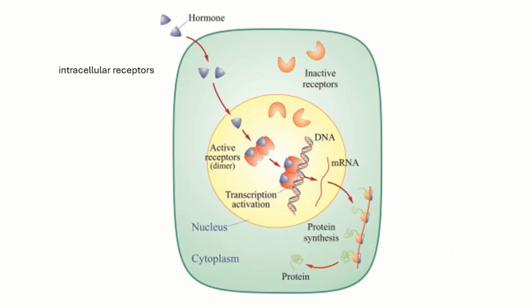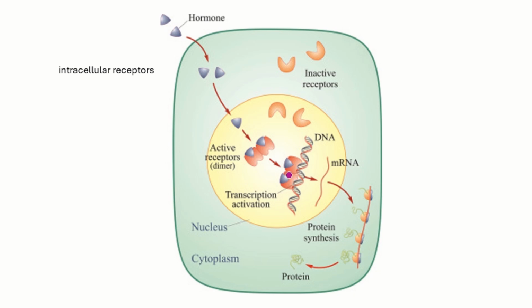Usually this receptor is present inside the nucleus. You can see here the hormone enters through the cell membrane, comes to the cytoplasm, and then enters through the nuclear membrane, where the active receptors are present in the nucleus. Here it binds. These receptors are called intracellular receptors.